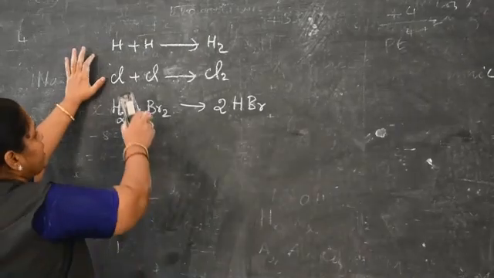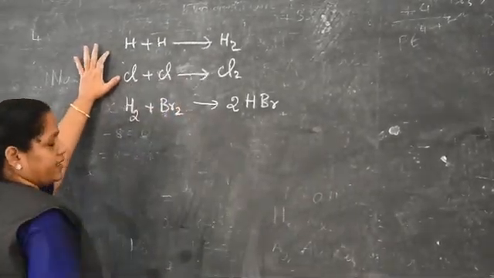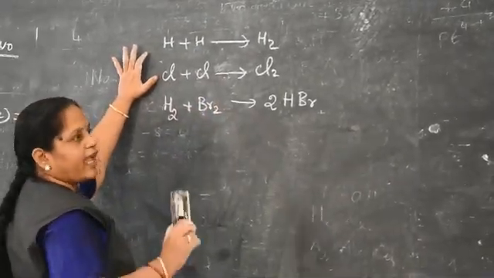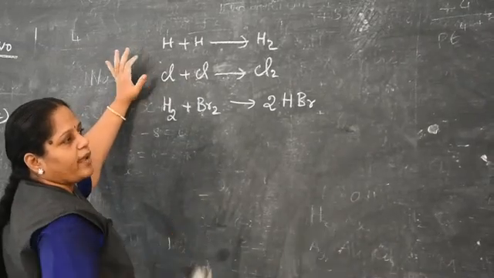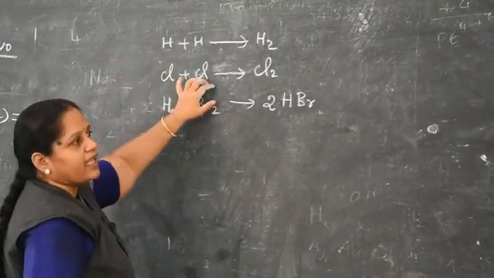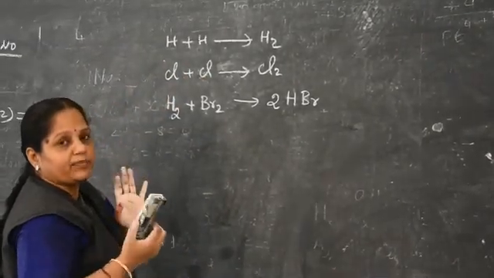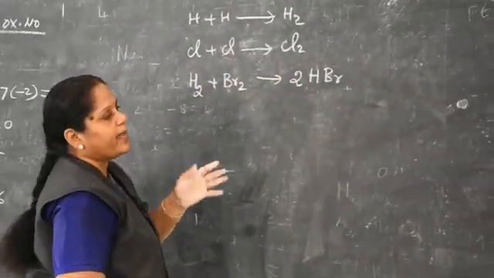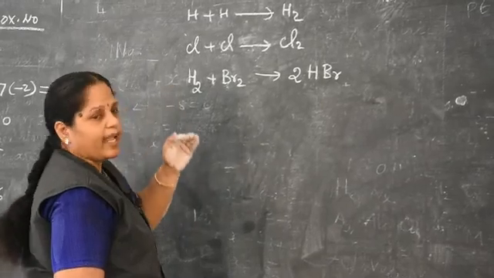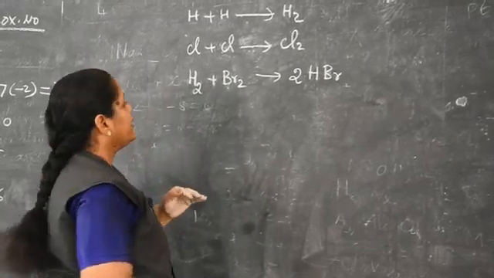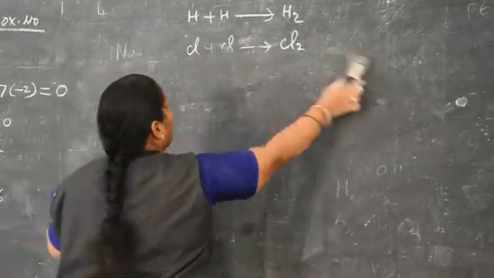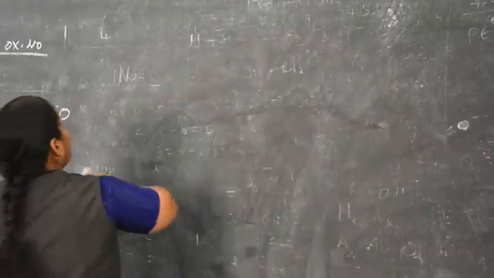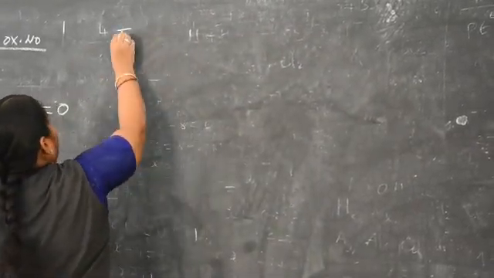Now how do these undergo combination? By formation of chemical bond. So how are chemical bonds formed? An attractive force exists between two or many atoms. What are the types of chemical bond? Chemical bonds are broadly classified into three types.